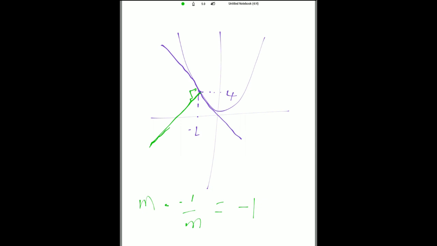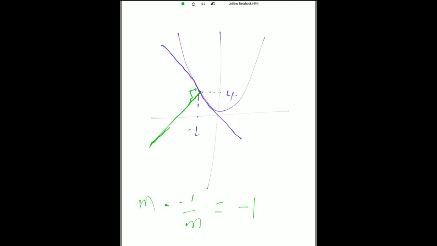So the long and short of it is this: if I multiply the gradient of the normal and the gradient of the tangent, I should get negative 1. So let's see if we can use this property to our advantage.